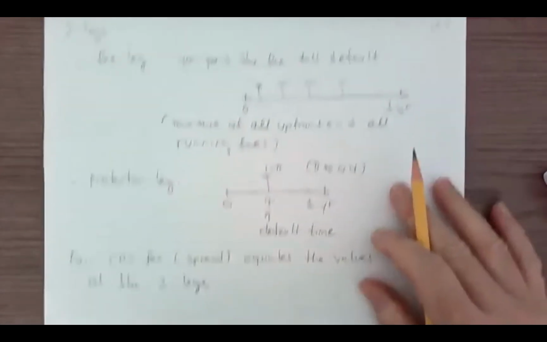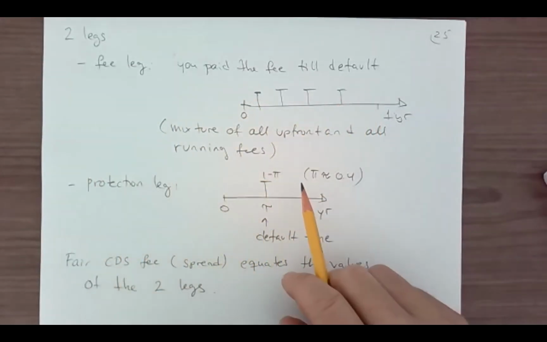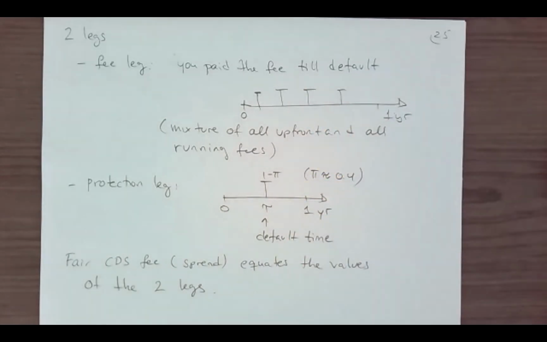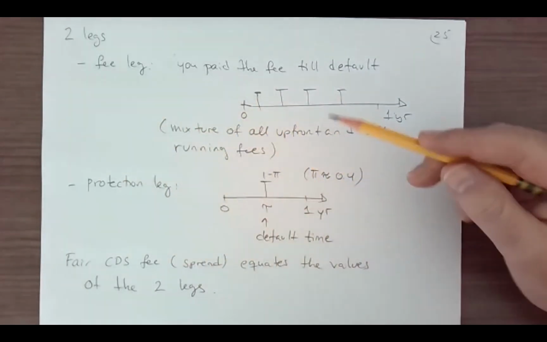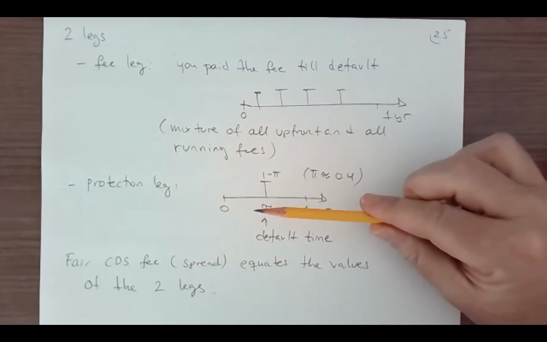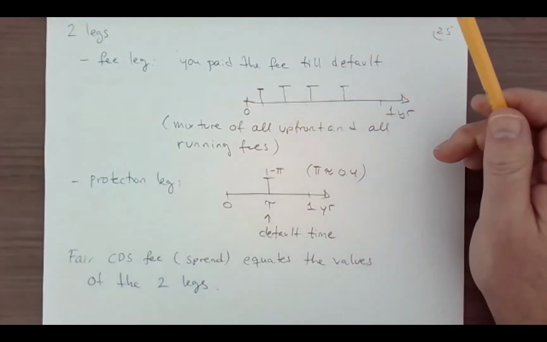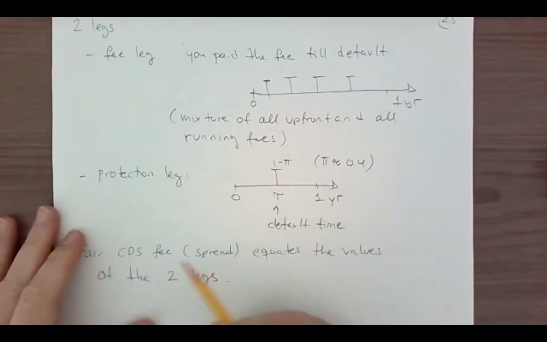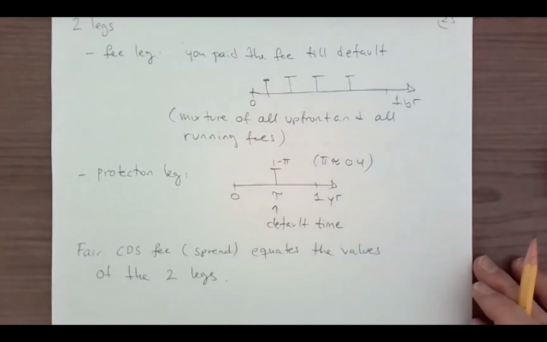So for a CDS, similar, you have fees coming in, and then you get protection in return. And this is the fee that makes the value of the fee leg the same as the value of the protection leg. That's going to be the fair CDS spread. So that's the name of the game, to figure out what this fair spread is in a given model.